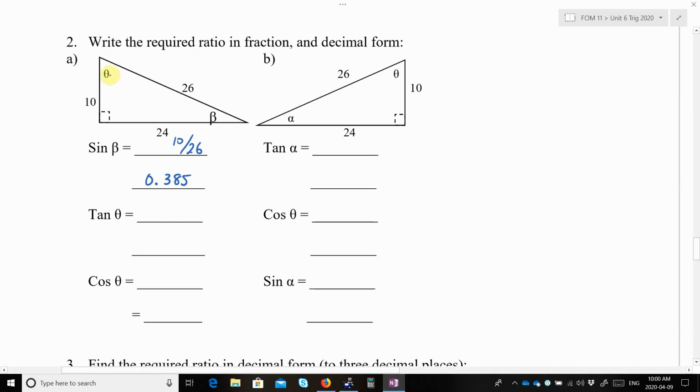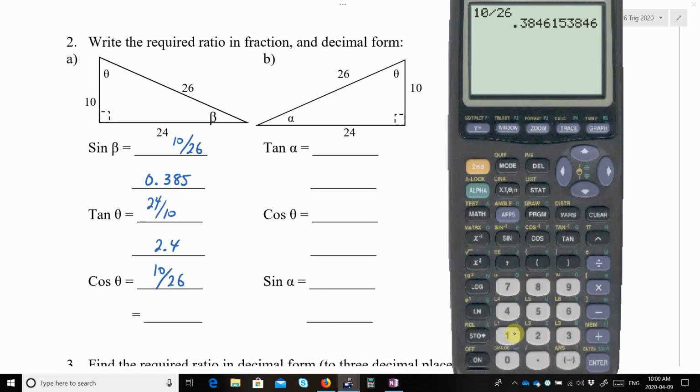Tan theta, that little 0 with a belt is the Greek letter theta. Tan is opposite over adjacent, 24 over 10, which would be 2.4. And cos theta is adjacent over hypotenuse, 10 over 26. 0.385 again.